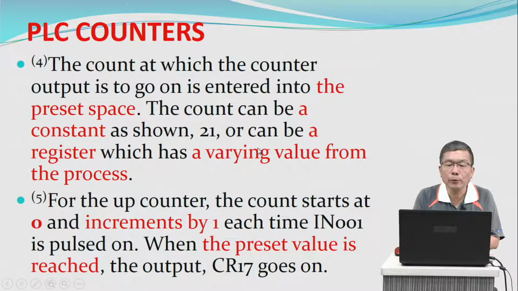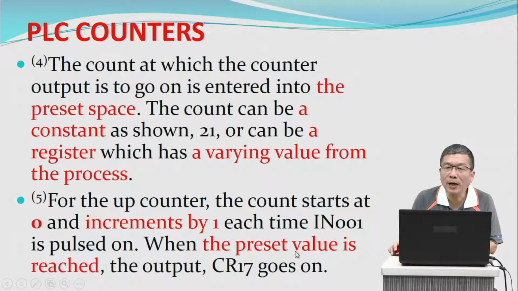The count at which the counter output is to go on is entered into the preset space. The count can be a constant as shown, 21, or can be a register which has a varying value from the process. For the up counter, the count starts at 0 and increments by 1 each time IN1 is pushed on.